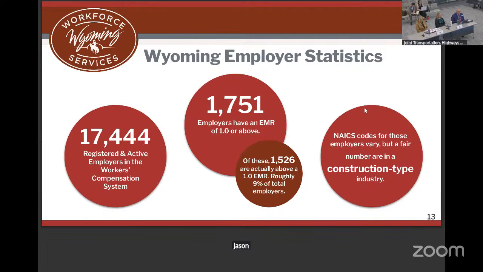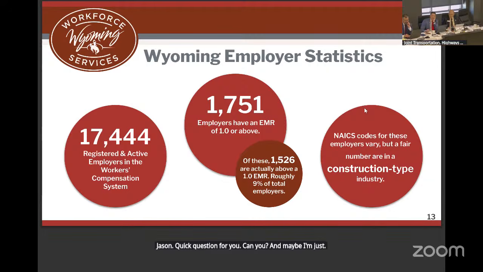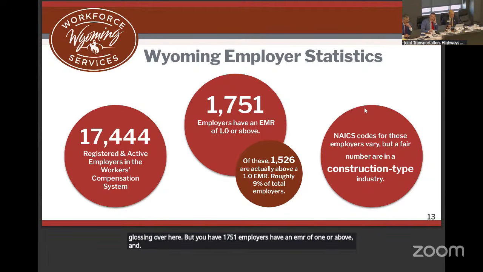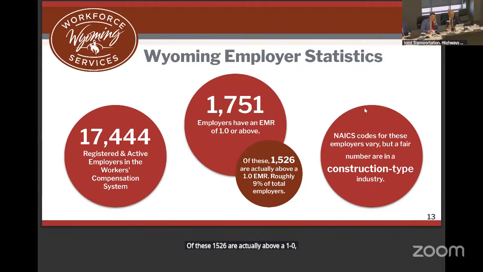Jason, quick question for you. Maybe I'm just glossing over this, but you have 1,751 employers with an EMR of 1 or above, and of these, 1,526 are actually above a 1.0. What's the purpose of the 1,751 as opposed to just the 1,526?